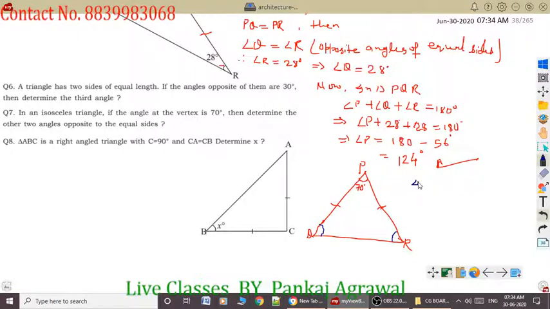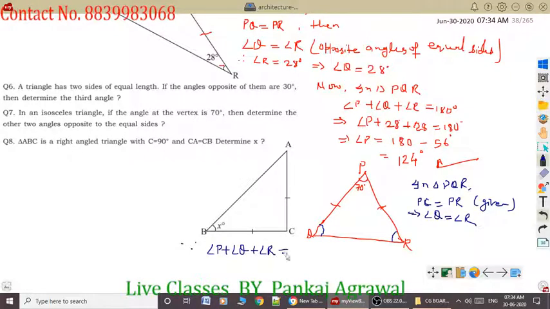In triangle PQR, PQ equal to PR is given, and then angle Q equal to angle R. Now you can write, since angle P plus angle Q plus angle R equal to 180 degrees.